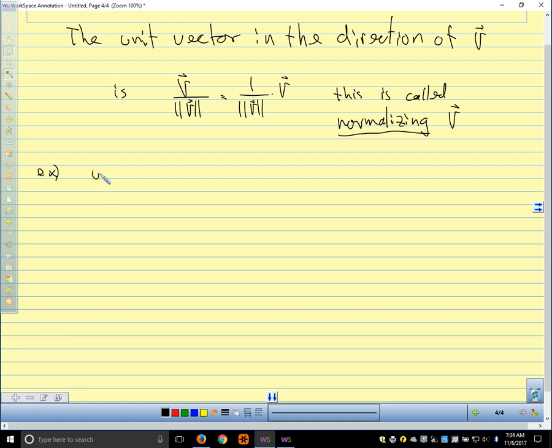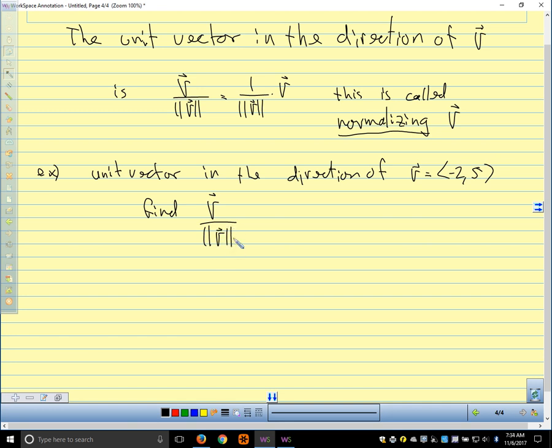If we want a unit vector in the direction of v equals -2, 5, what this is asking us to do is find v over the magnitude of v, or normalize v.